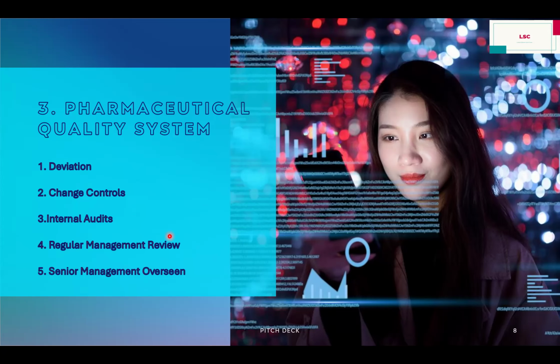If there is a need for new technology or resources, senior management can help with that. So we have to promote that culture as senior management, and this responsibility is written in the senior management part of the pharmaceutical quality system.